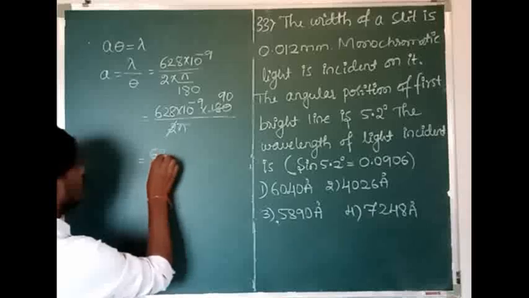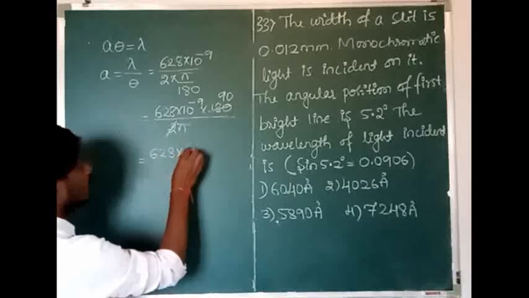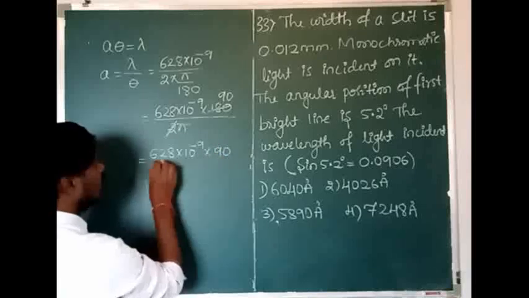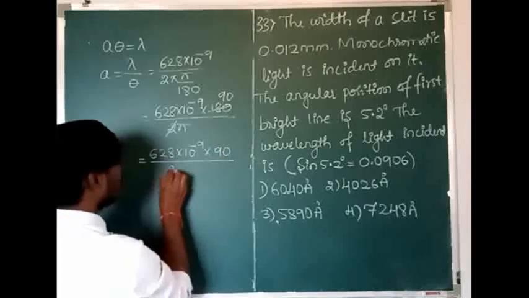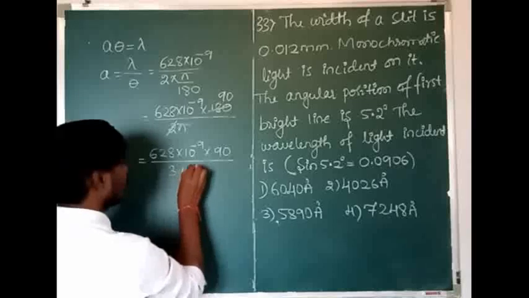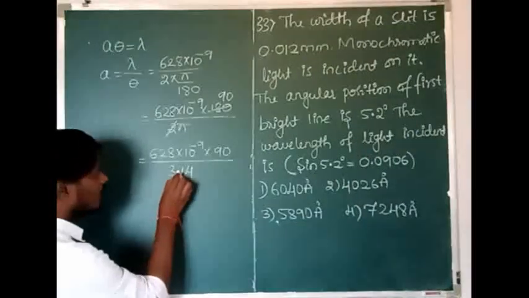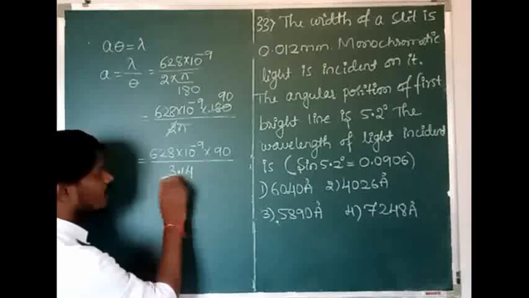Then 628 into 10 to the power of minus 9 into 90 divided by 3.14. So I will displace the decimal point after 2 digits in the right direction.